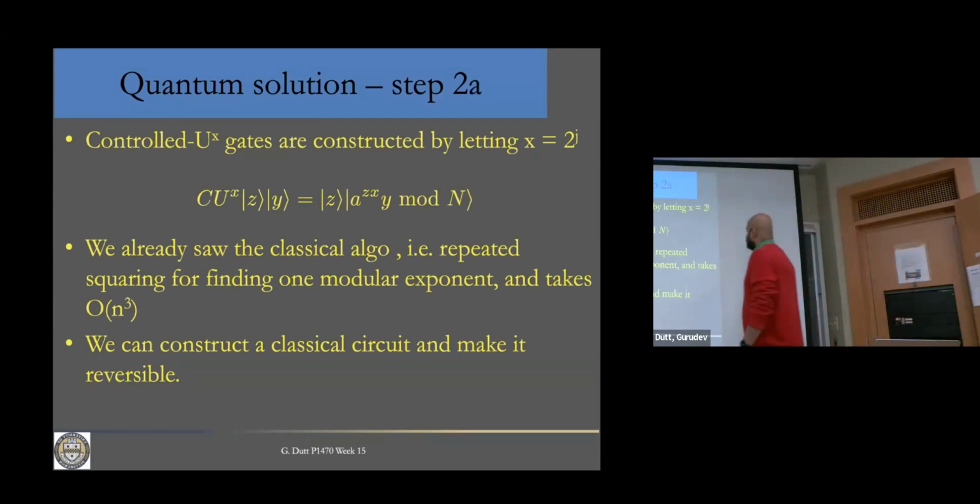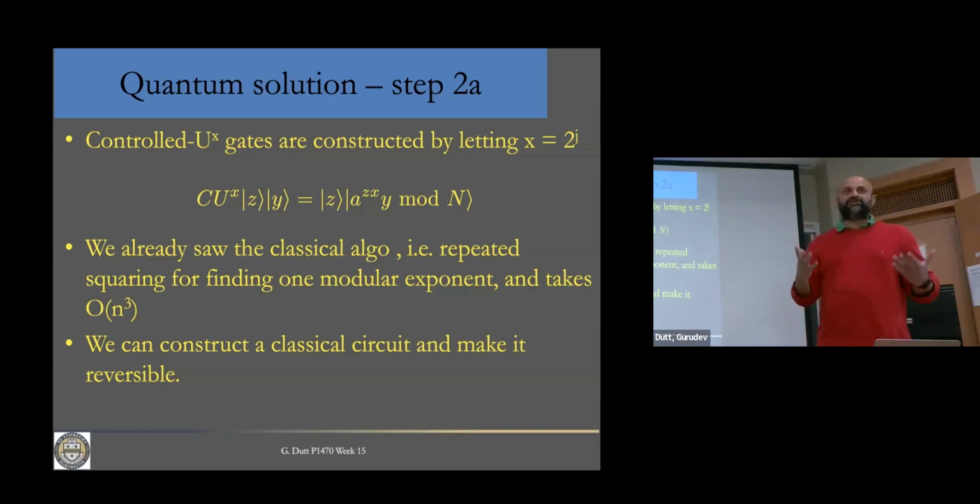We already saw the classical algorithm, for example, repeated squaring, which takes order n cubed number of gates. So it's possible, I'm not saying it's easy, to construct the classical circuit and make it reversible. Once we have a classical circuit or algorithm, we can make it reversible.